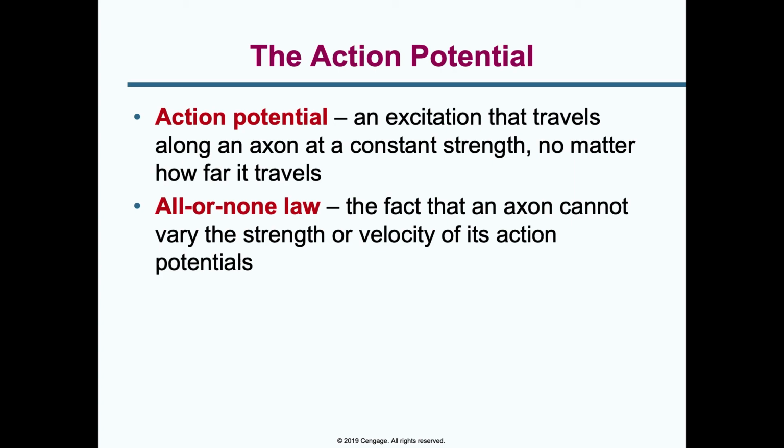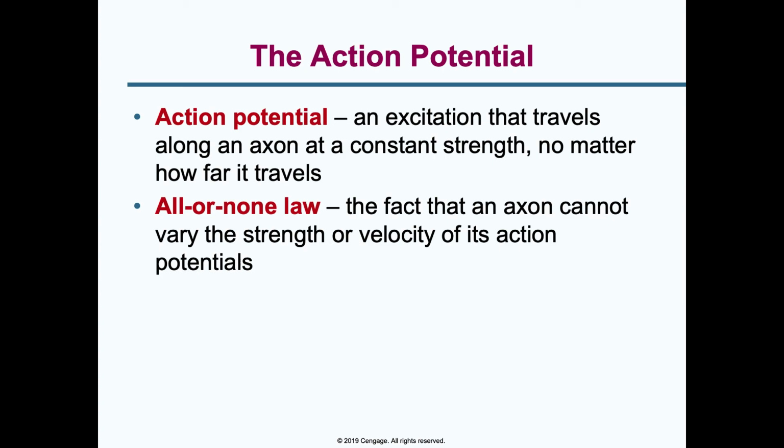In addition, there's this all or none law, and that has to do with this strength that we're talking about, that it stays constant from beginning to end. It's got one strength. It's like a one size fits all. Think of a light switch. When you turn on a light switch, the light just comes on at the same brightness, whatever kind of bulb you have in there.